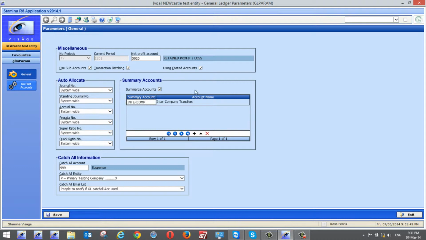So you have the option of saying, yes, I'd like to summarize some accounts, and then this table allows you to nominate the accounts that you would like to not show full details for on those trial balances.